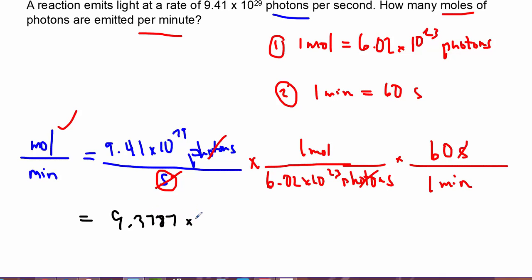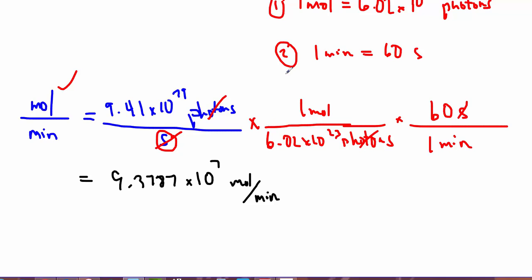Looking at our sig figs before we say we're finished, we had a total of 3 sig figs in Avogadro's number. Remember that time is an exact conversion. There are exactly 60 seconds in 1 minute, so we are not limited by the 1 sig fig that we see here.